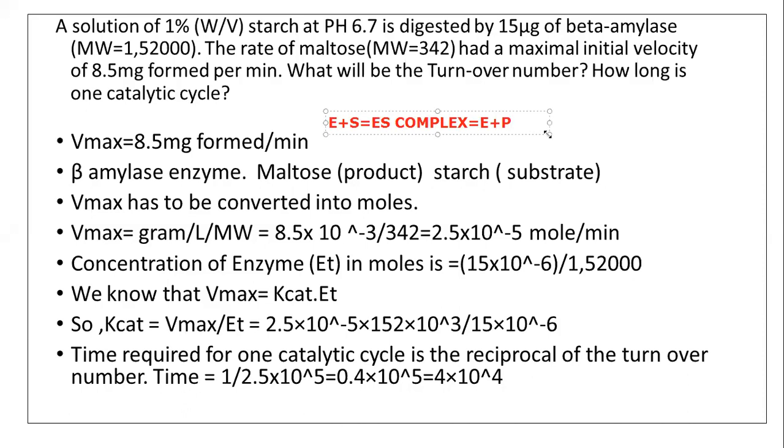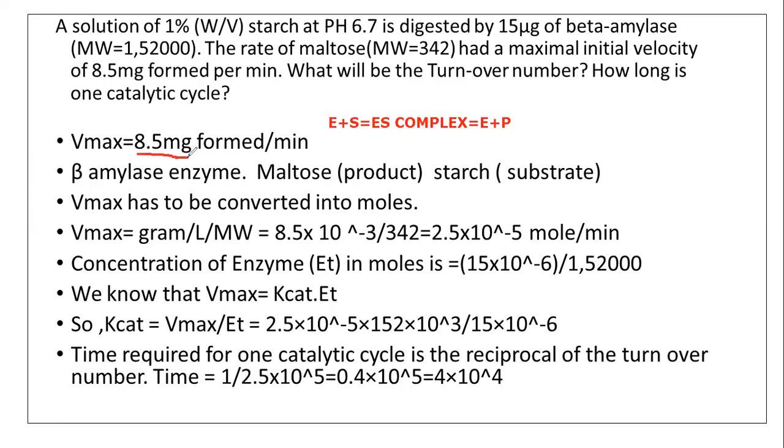Here 15 microgram of beta amylase enzyme is given, and Vmax is given as 8.5 milligram per minute.